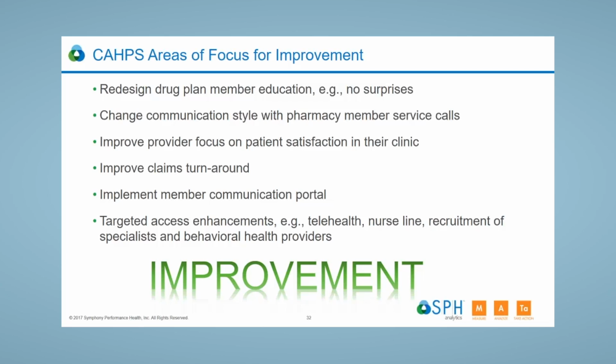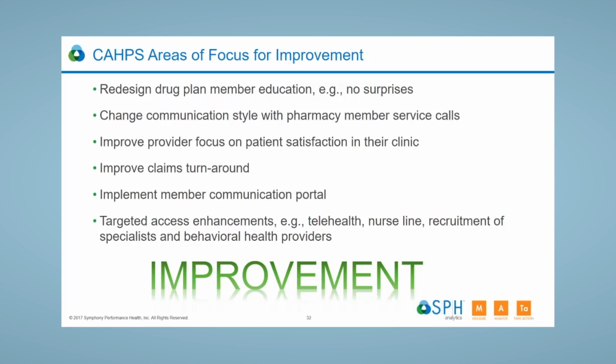We've changed the style on how we communicate with our pharmacy members on the phone. When they call, we ask them questions: would you like to talk to a pharmacist about the drugs you're taking and see if we can save you money? We asked them if they were interested in finding drugs that have lower copays. We're really trying to help them be more satisfied by being full service.